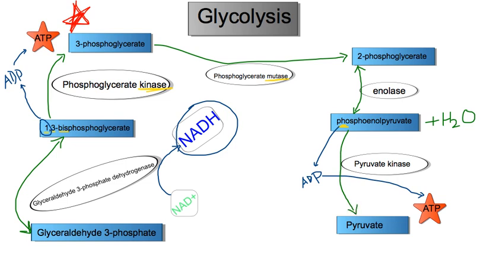Again, the word kinase involves the movement of phosphate. It attaches a phosphate from one group to another. That's what pyruvate kinase does. And this is also a one-headed arrow.